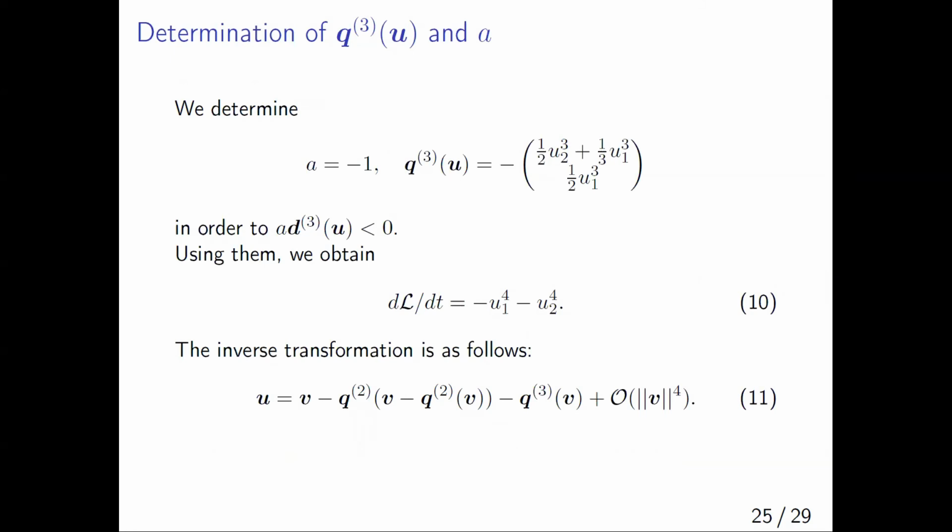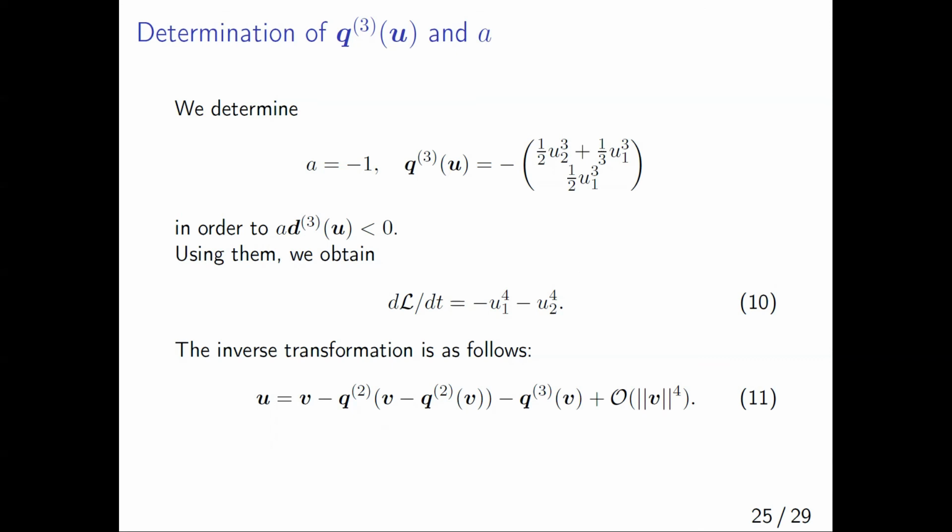In order for A83 to take a negative value, we determine A equals -1 and Q3 is like this. Using them, we obtain the time derivative of calligraphy A like this.